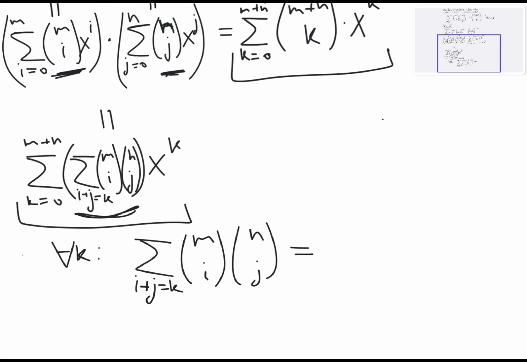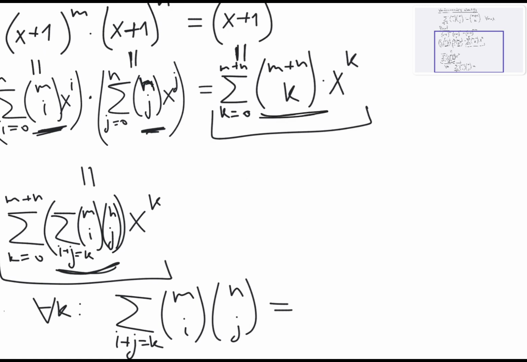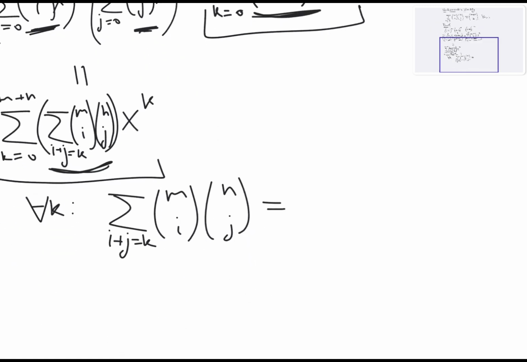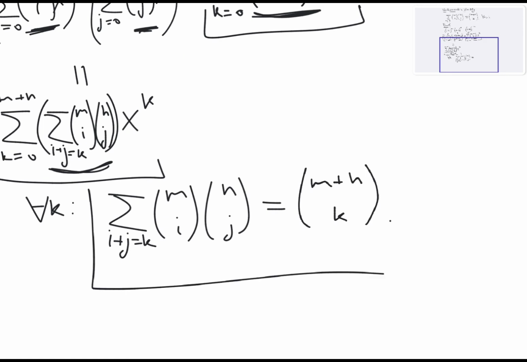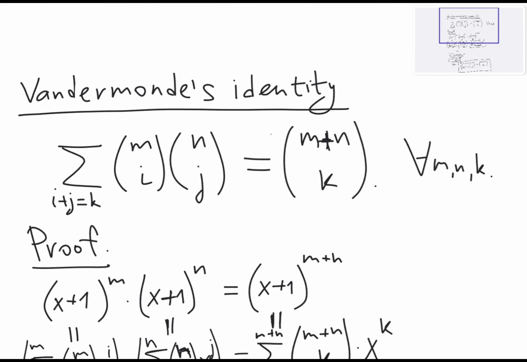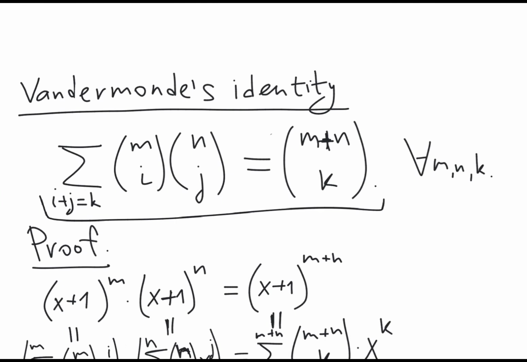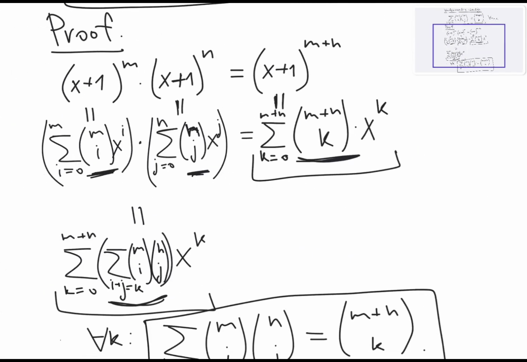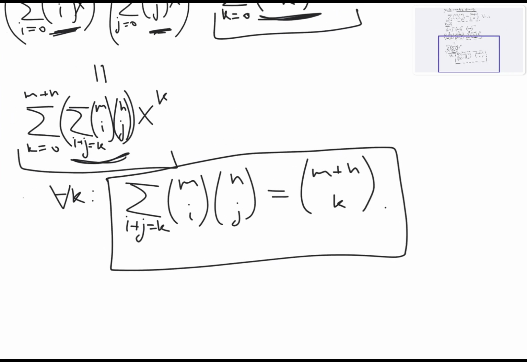This sum is equal to this coefficient that we have in the sum on the right hand side, m plus n choose k. Yeah, and this is exactly the identity that we need. So this concludes the proof.